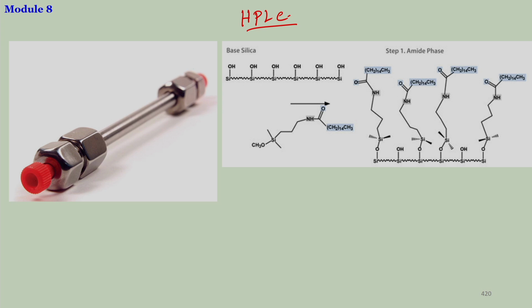Affinity chromatography is also there, and all of these vary in their binding properties. Reversed phase I have talked about, but normal phase I have not, so we will give a brief intro on normal phase HPLC.